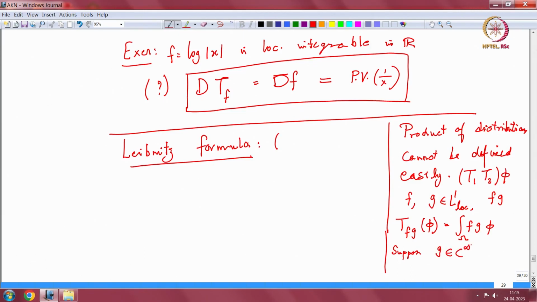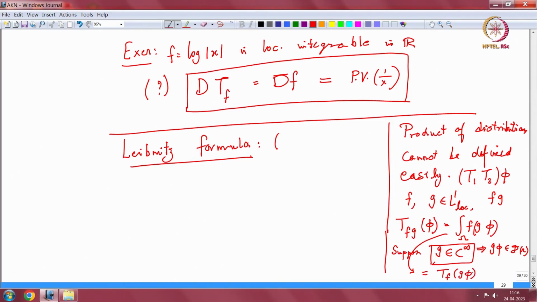Then g phi is in D of omega, because g is C infinity and phi has compact support, so g phi has compact support. So I can combine these two and write this as T f at g phi.